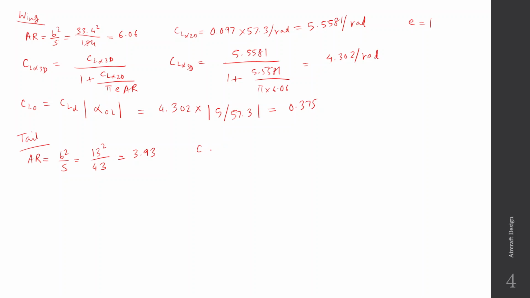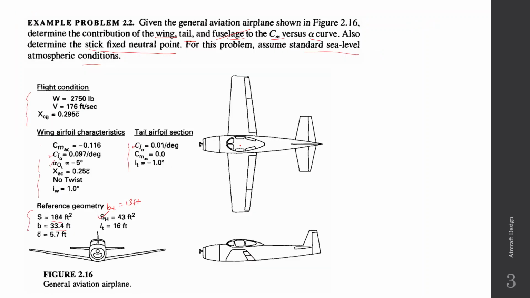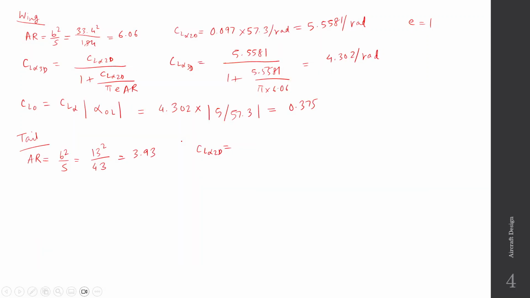Now here the CL alpha 2D is 0.01 per degree, so we convert it into radians. And now similarly we find CL alpha 3D using the same formula.